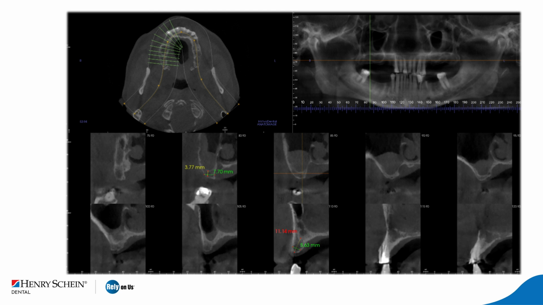The human body is pretty well engineered, so it will try to protect or isolate itself from the aggression, which in this case is an infection and bacteria. So you will have some periosteal reaction.